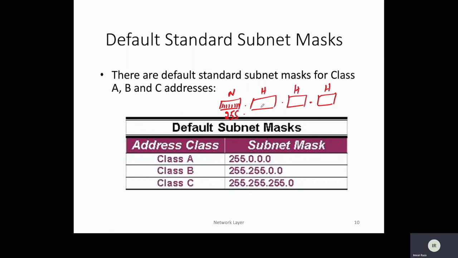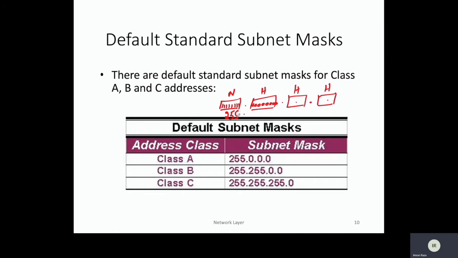As a second step, I have to replace all the host portion bits with zeros, so these host portion bits contain all zeros. The same is the case here. So what will be the default subnet mask of class A, where all the bits in the network portion are 1 and all the bits in the host portion are 0?